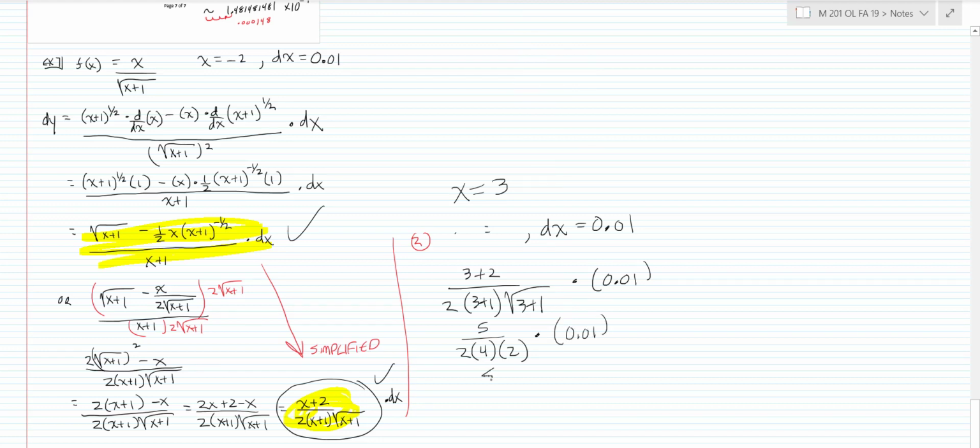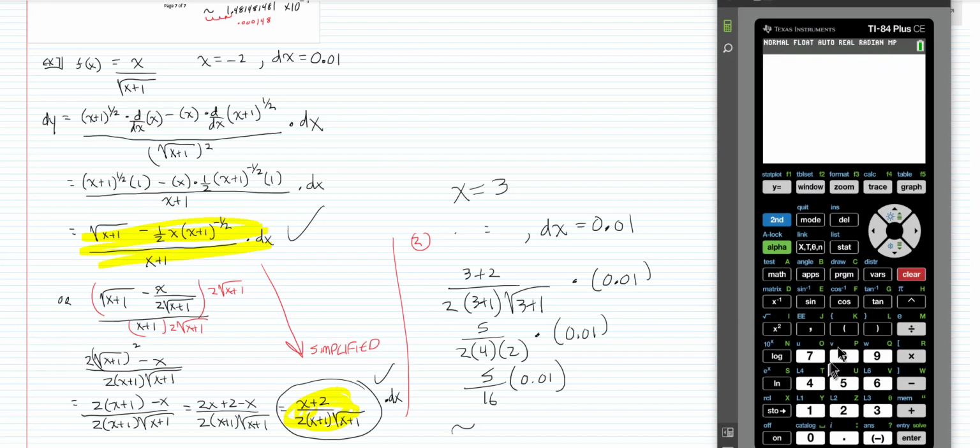So that would be 5 over 16 times 0.01, and then you just go to your calculator to get that. I'll convert the 5 over 16 to a decimal, and then multiply by 0.01, and that'll give 0.003125.